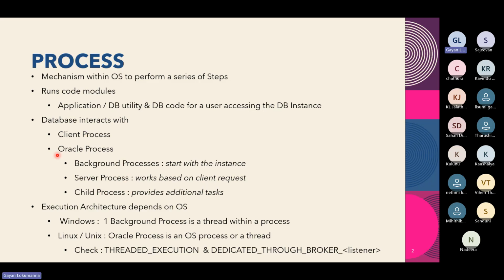They basically come under the Oracle processors. So just to note again, when you are making a database connection, there will be two processes. One is the client process that will be invoked through an application or a utility, and then comes the database code that will be run through a database Oracle process. So hope that part is clear.